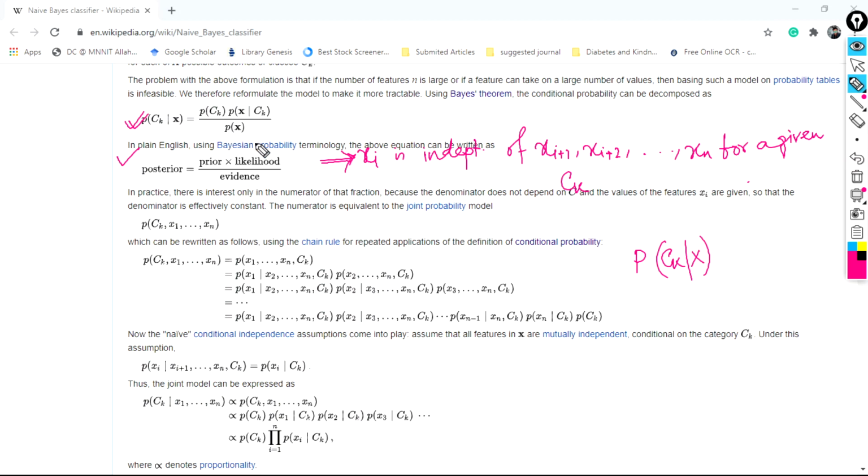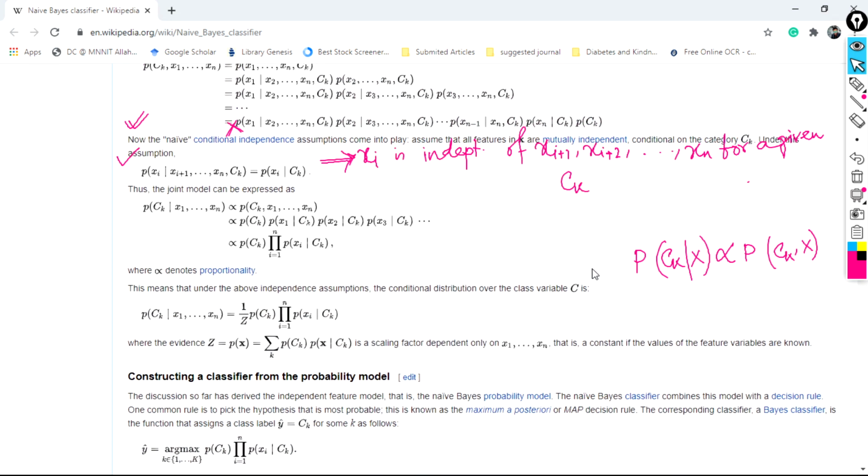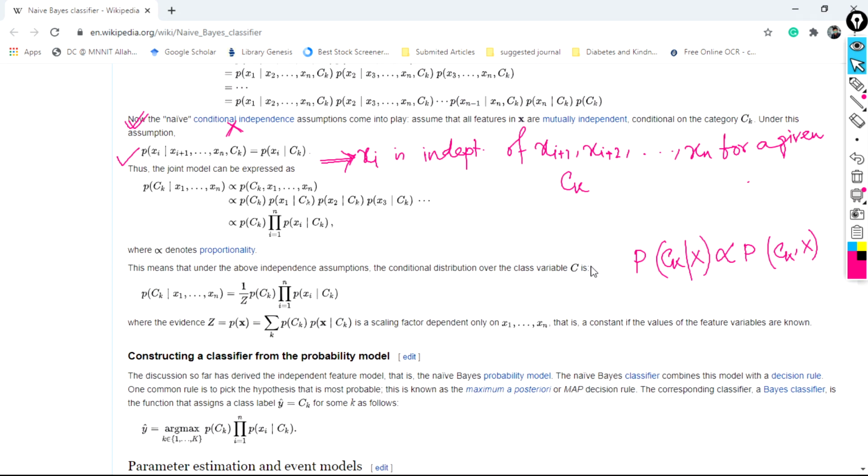We are not interested in calculating the denominator. So this is simply proportional to the probability of CK comma x, meaning the intersection with x. We saw this at the beginning of this lecture. Now we simply use this, nothing else.